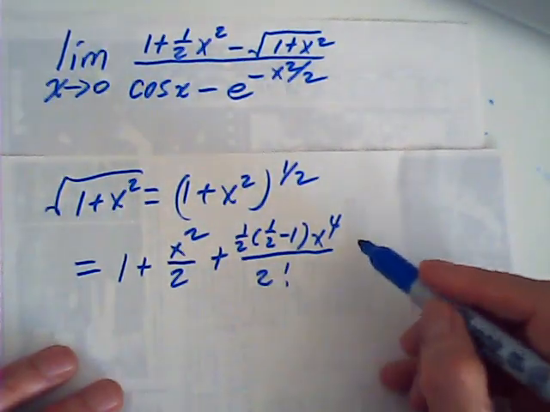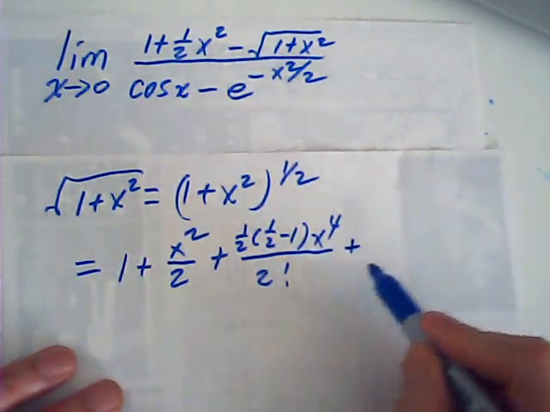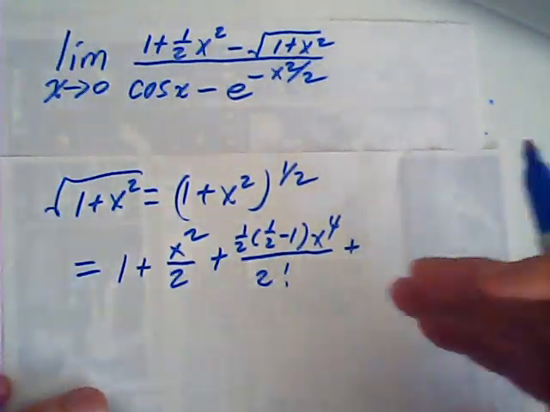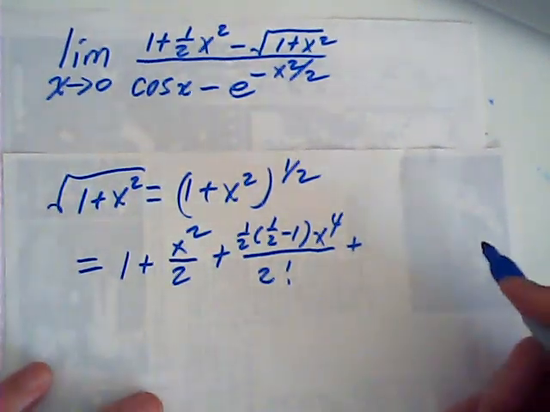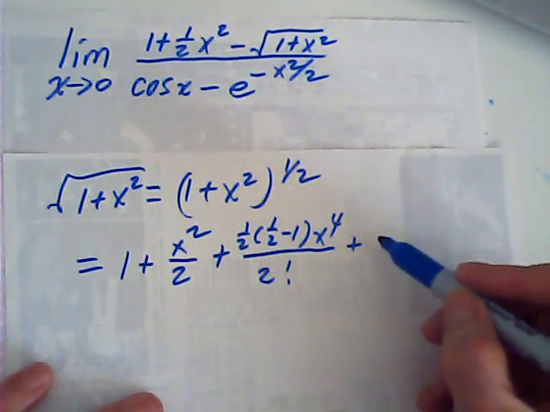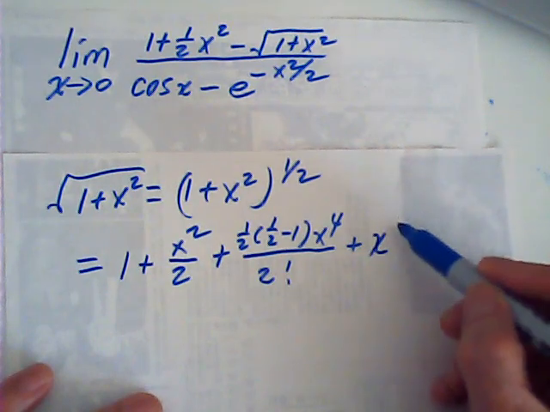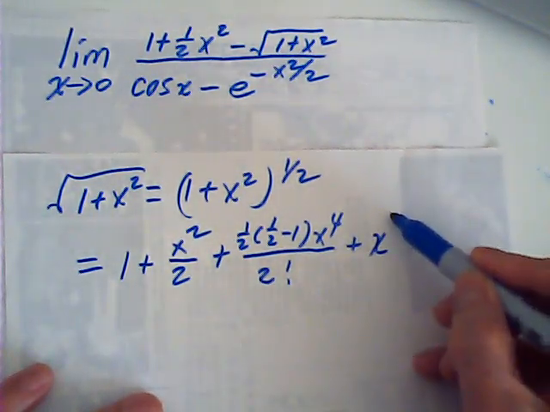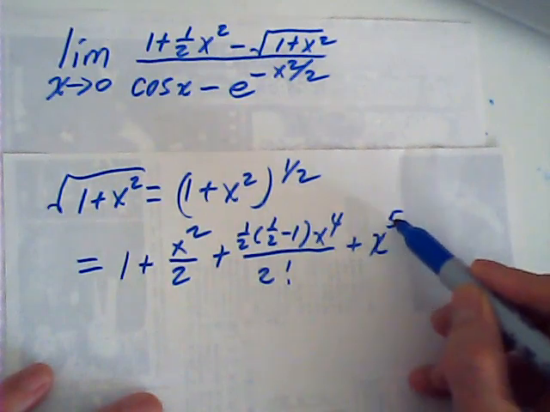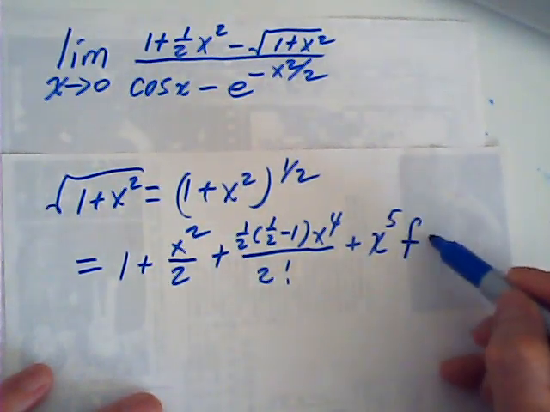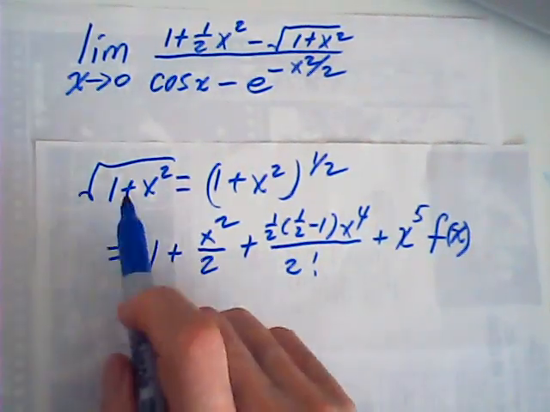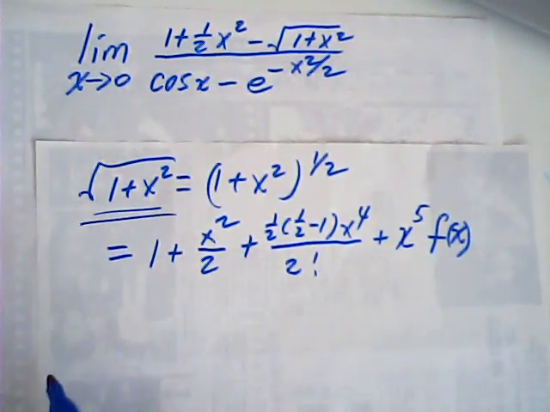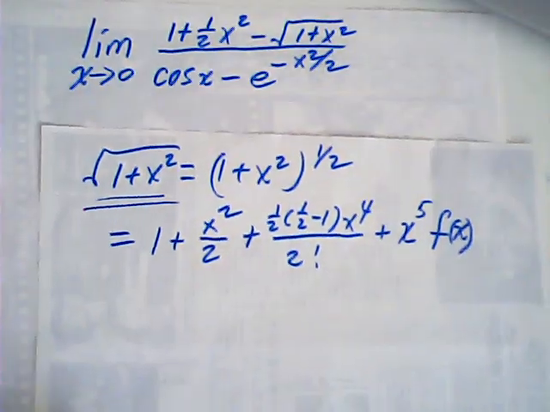From this term onward, x has more and more high power, and I don't have to expand them. I know that the remaining terms contain at least x fifth as a common factor multiplied by a polynomial. Okay, that is the expansion for square root of 1 plus x squared.